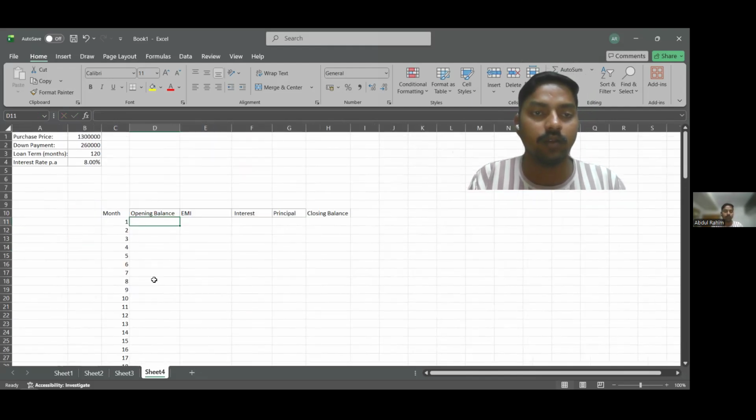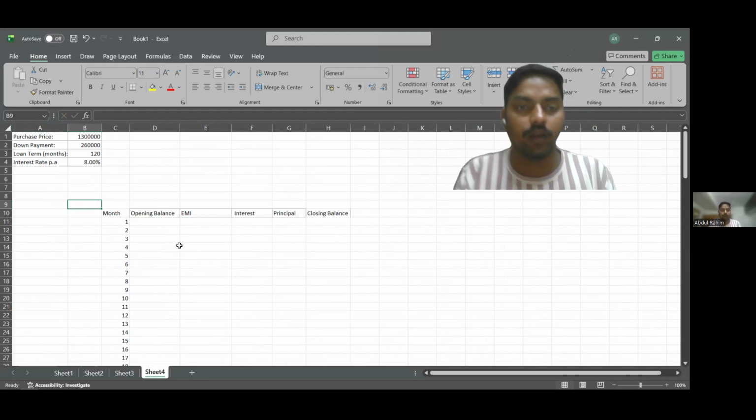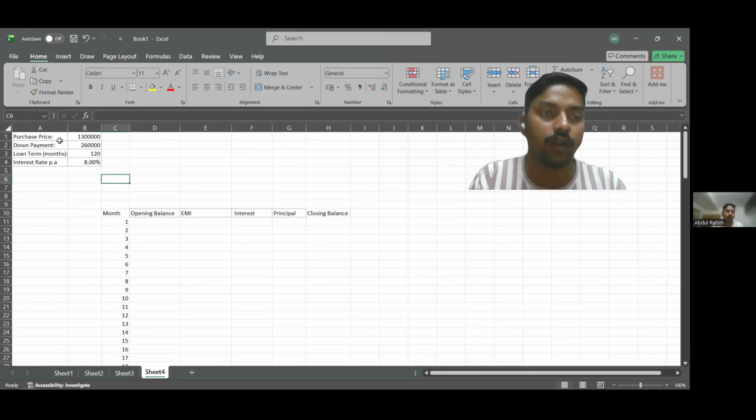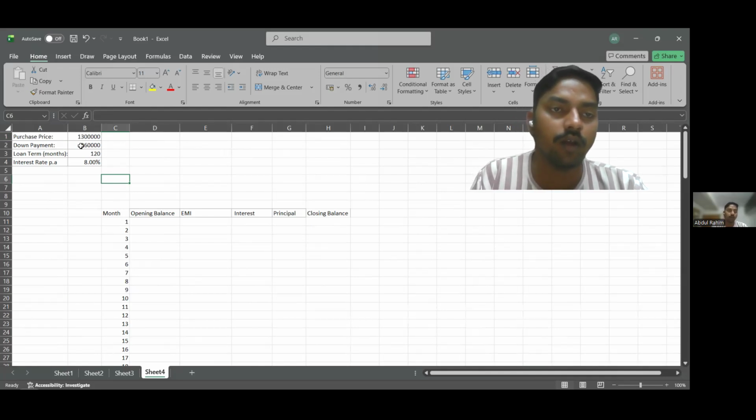The next thing is we have to calculate EMI and interest for a loan. Like I'm going to purchase a car. The car price is 30 lakh. I'm going to pay the down payment.